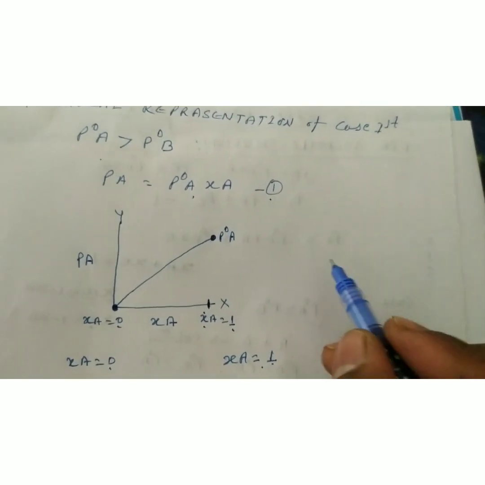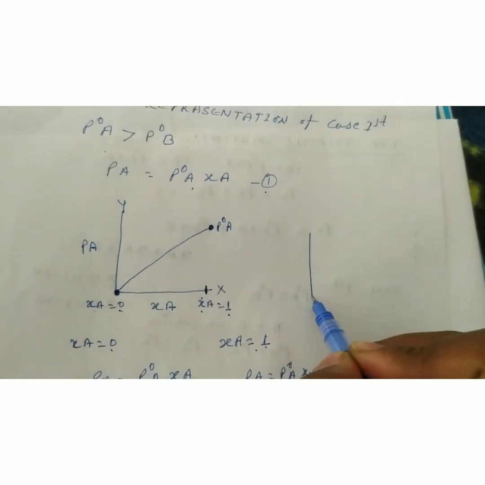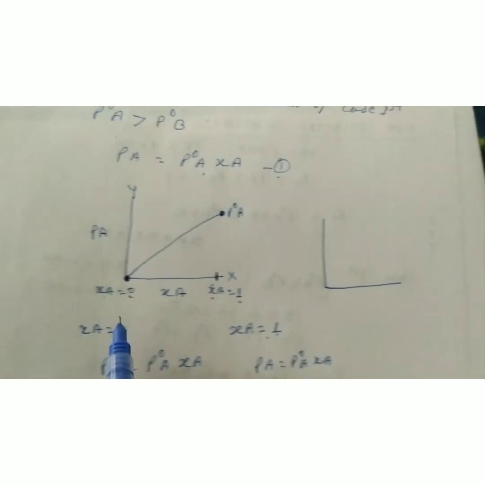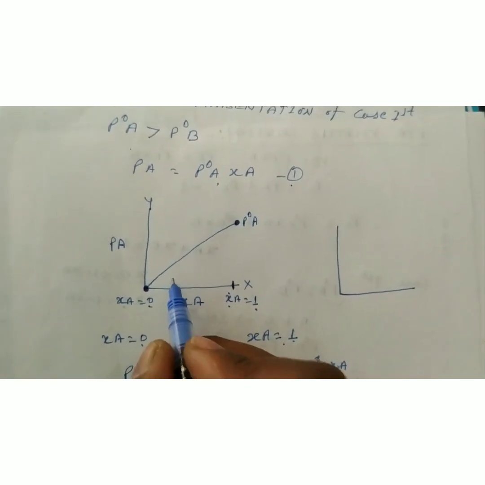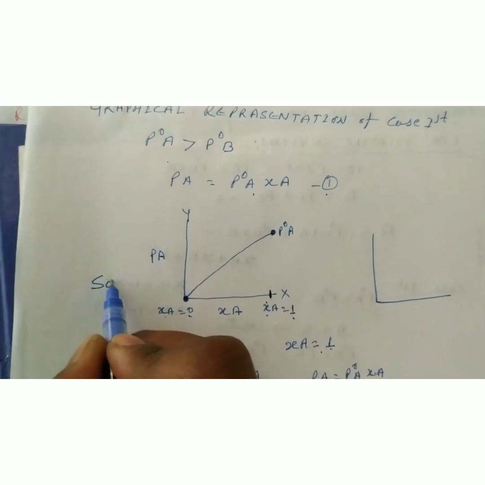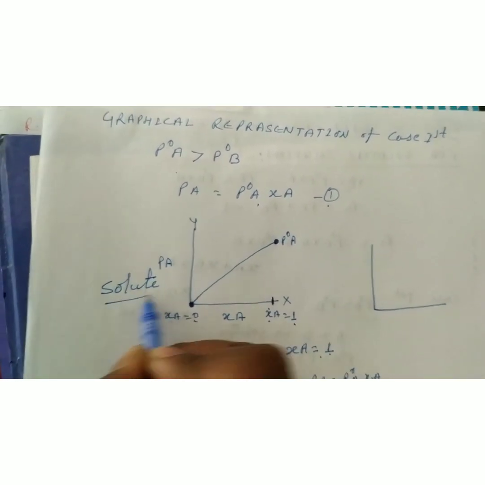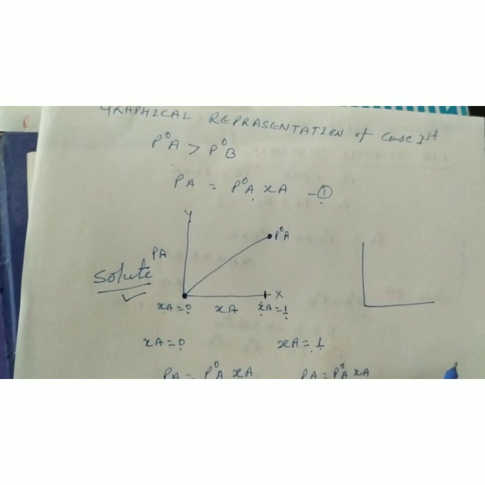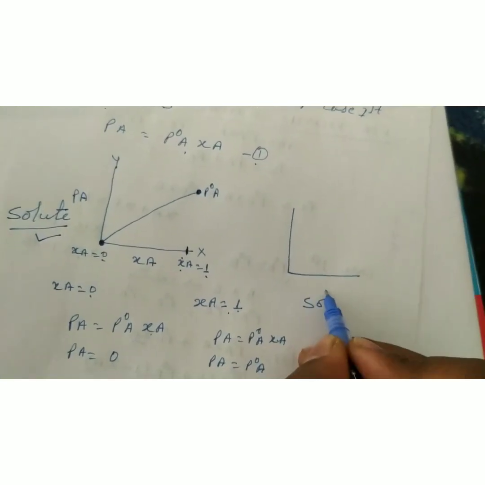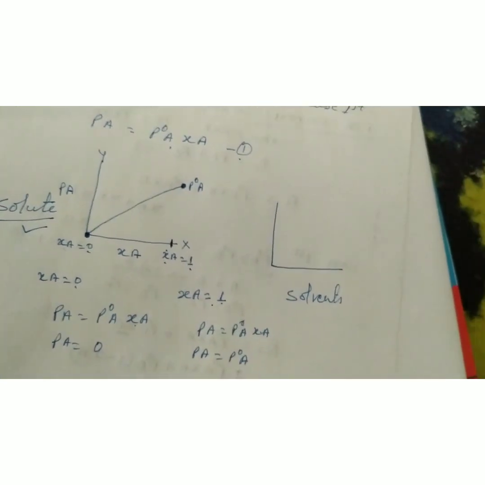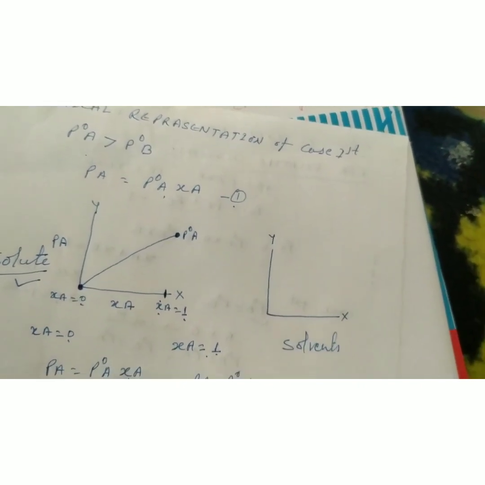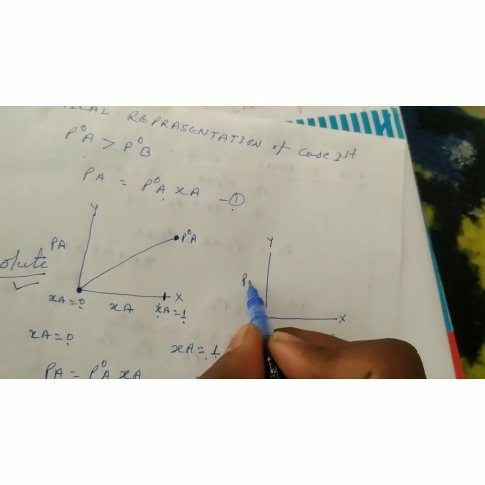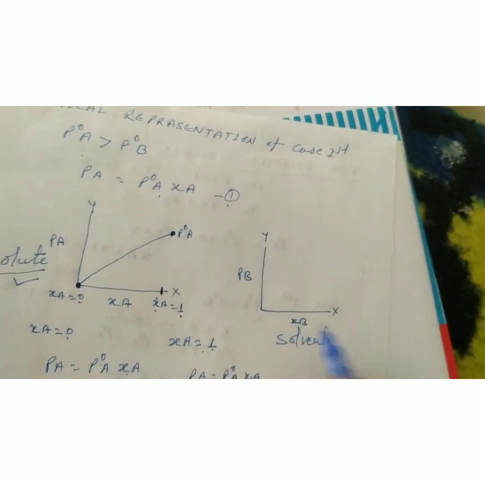Again, for case second, this is for solvent. The previous graph is the representation for solute, and this one is for solvent. Again, this is the y-axis and this is the x-axis, here PB and here XB.